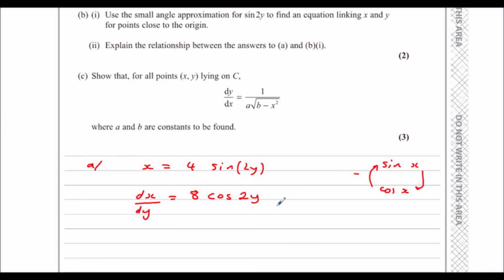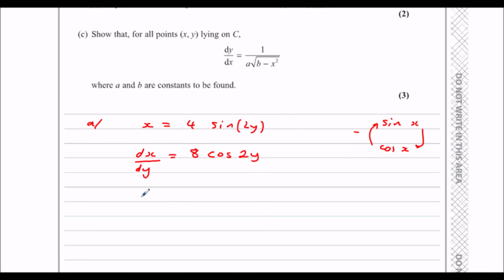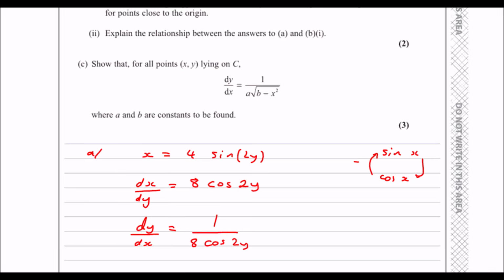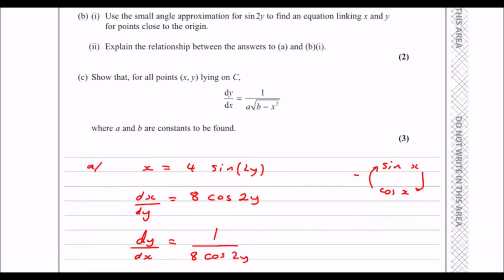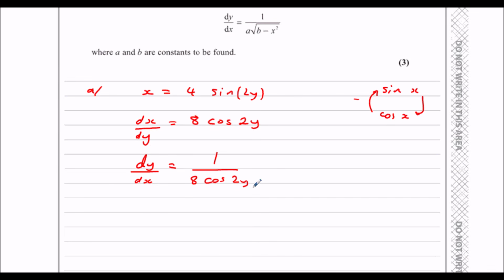That's dx/dy. If we want dy/dx, we're just going to flip it. So it's going to be 1 over 8 cos 2y. And we want the value of dy/dx at the origin. So when y equals 0, dy/dx is 1 over 8 times cos 0.